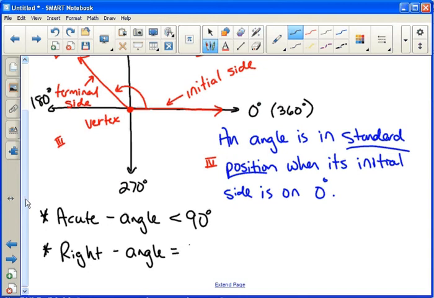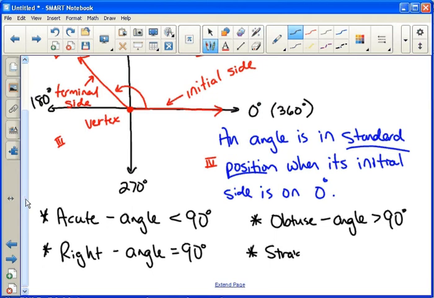Or the measure of the angle equals 90 degrees, I think would be more correct. An obtuse angle is greater than 90 degrees. 135 would be an example, the one I drew up top. And then finally a straight angle is one that's exactly 180 degrees.